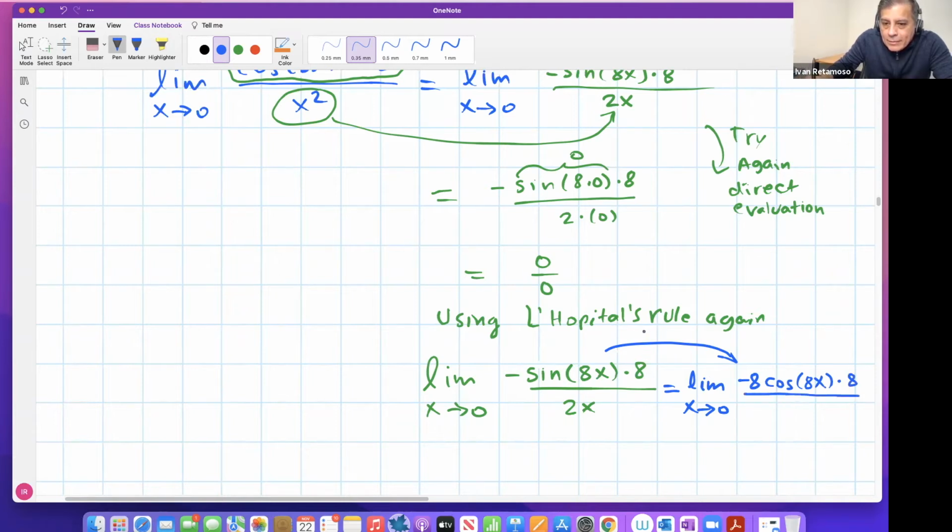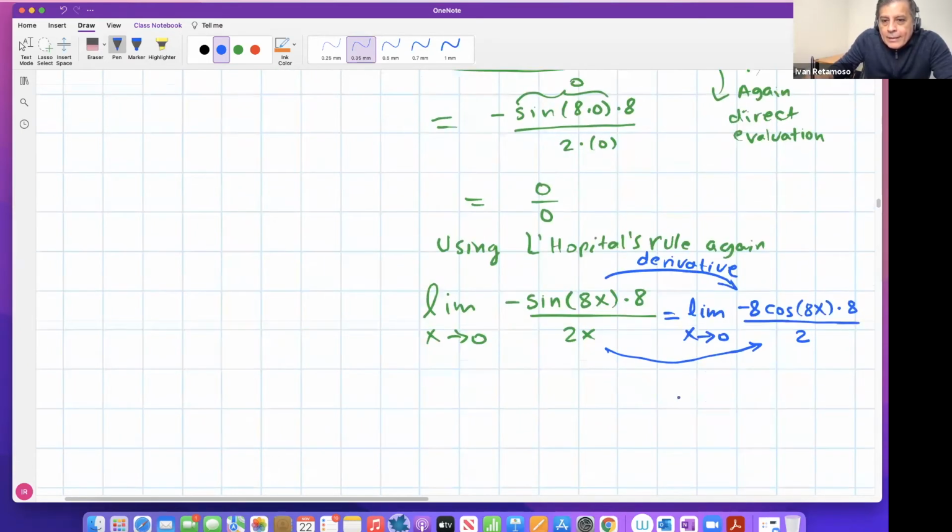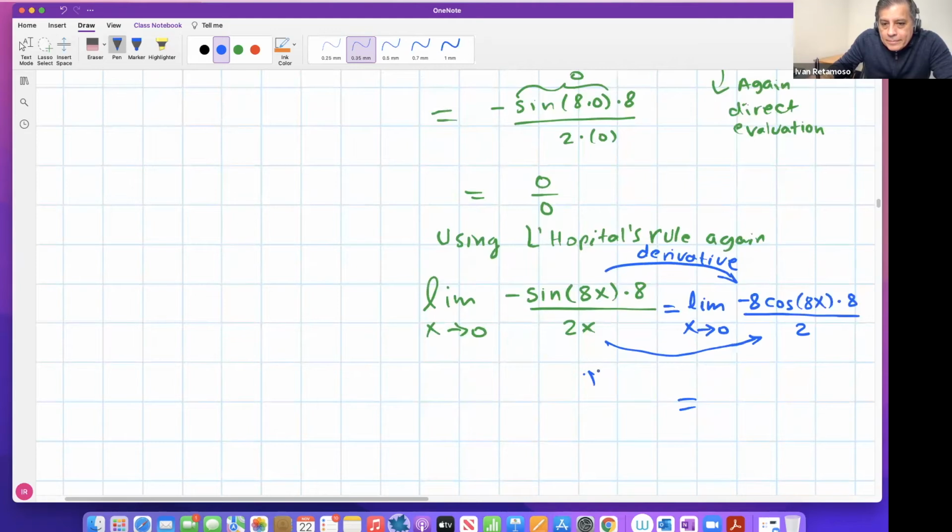This is the derivative here. Derivative of this guy is just 2. Try again. Try direct evaluation again, and you will see that now it will work.